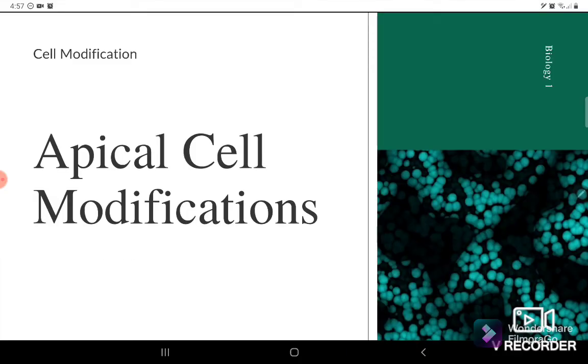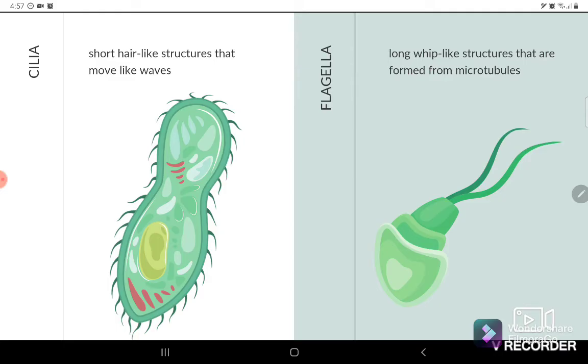First, we have the apical cell modifications, found on the tip surface of the cell. We have the cilia and flagella. As we all know, cilia are short hair-like structures that move like waves.